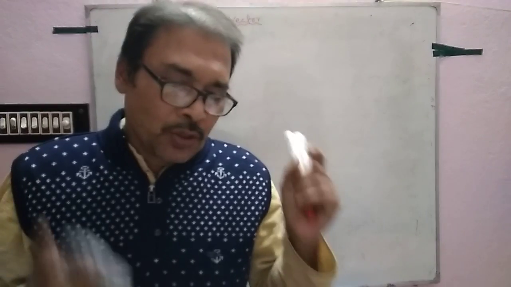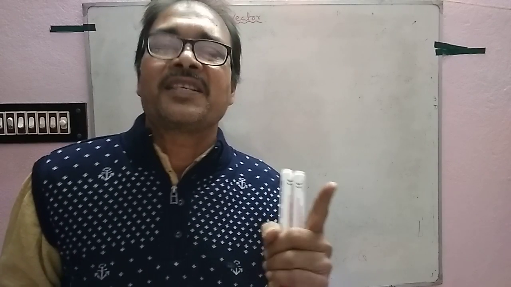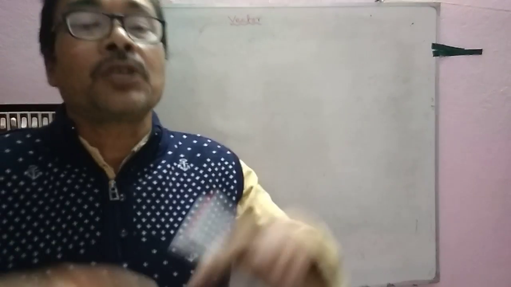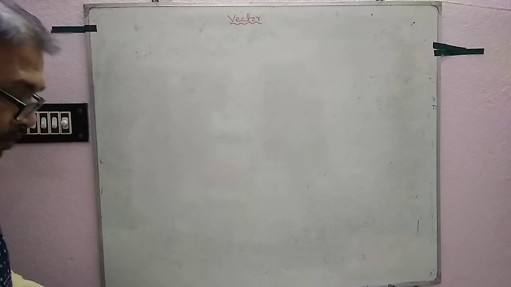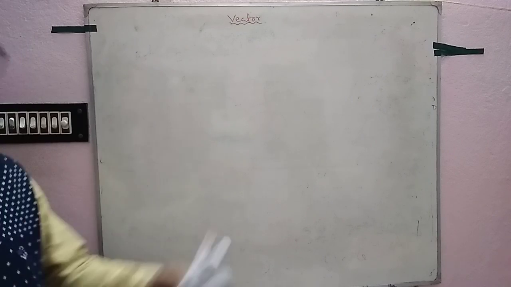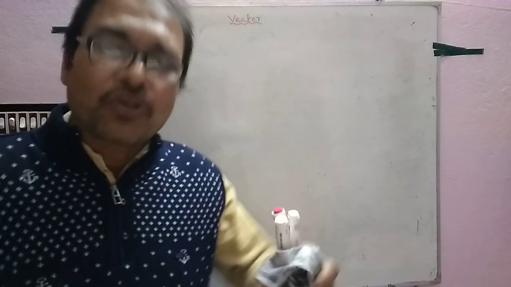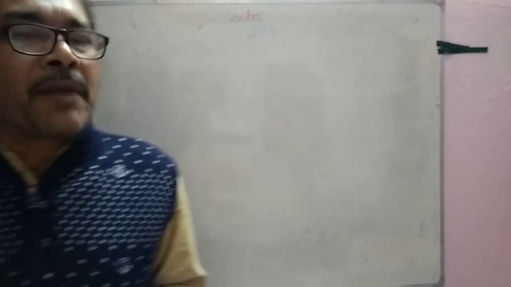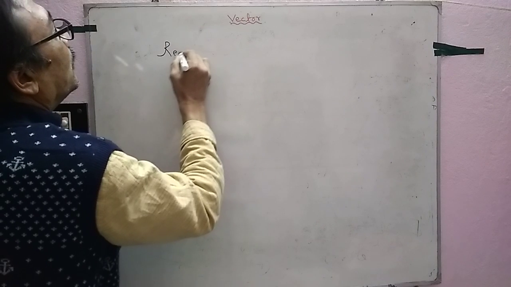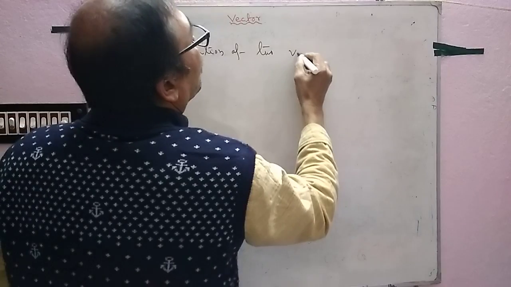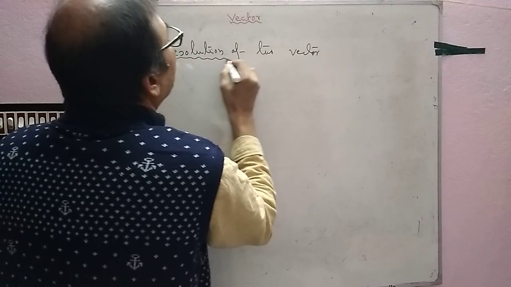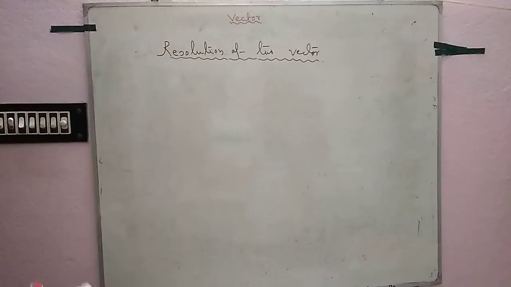When we add 2 or more, 3 or 4 vectors, then we get one resultant vector. But in case of resolution, when we resolve one vector, we can get a large number of pairs of vectors. This is the basic difference between addition and resolution. In addition of two vectors we get one vector, but when we resolve one vector into components, we can get a large number of pairs of vectors. Follow? Resolution of a vector, sorry, not of two vectors, resolution of a vector.